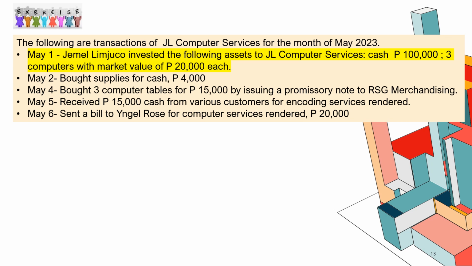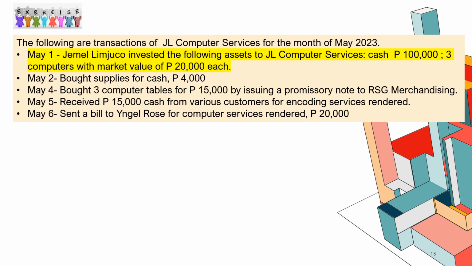For May 1, we have assets of cash 100,000 and computers 60,000. These two are assets since JL Computer Services will receive cash and computers, therefore its assets will increase. So meaning we will debit cash 100,000 and computers 60,000.